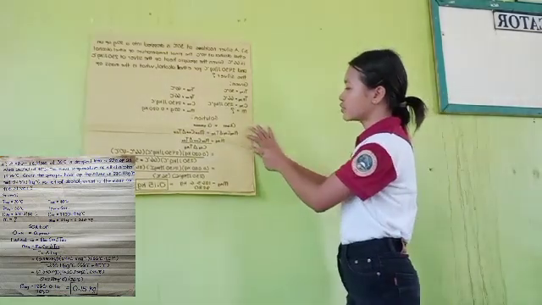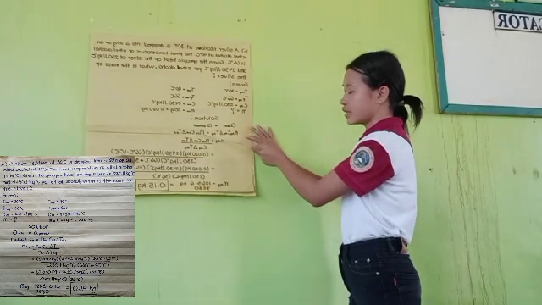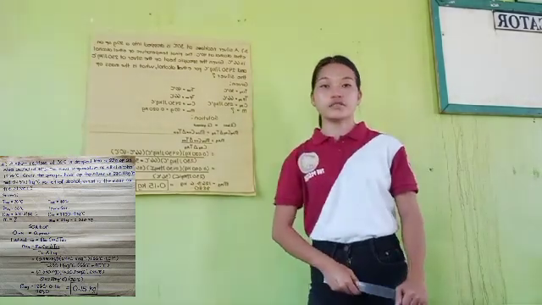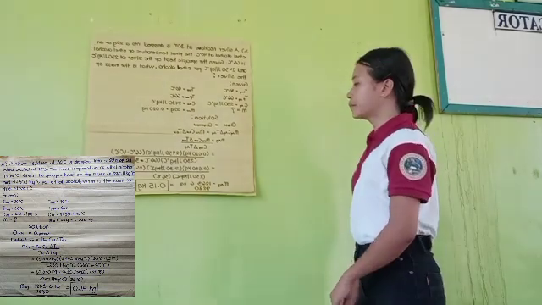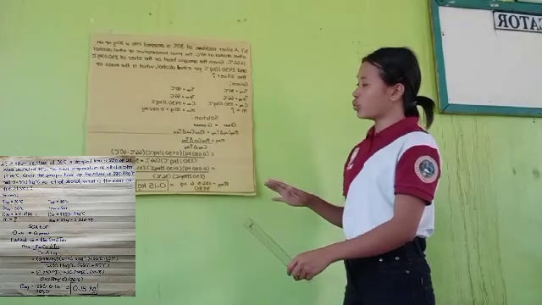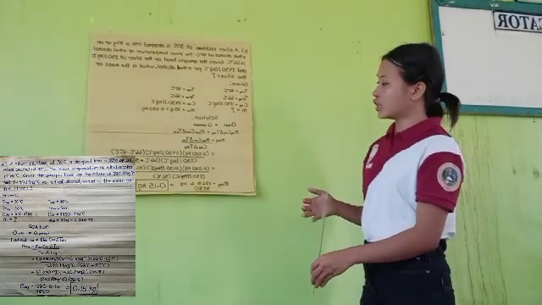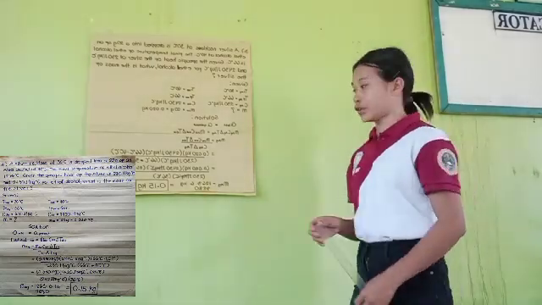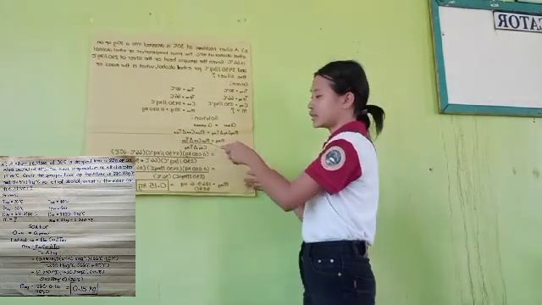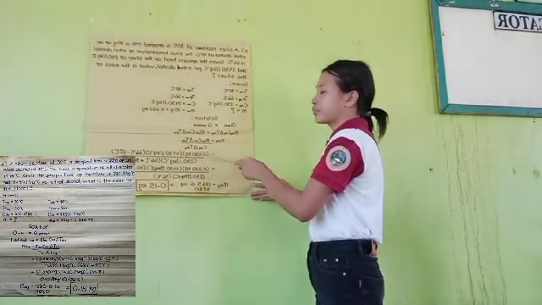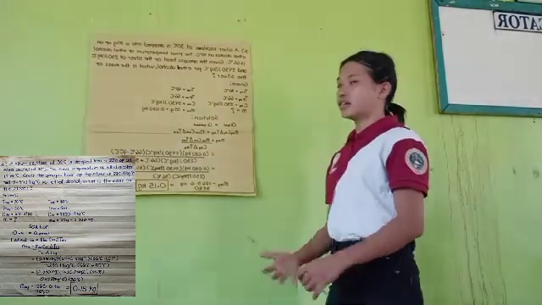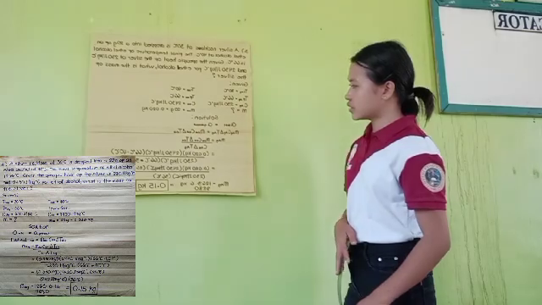MC delta T of silver is equal to MC delta T of ethyl alcohol. Transpose to have the mass of the silver. Mass of the silver equals MC delta T of ethyl alcohol over C delta T of the silver.